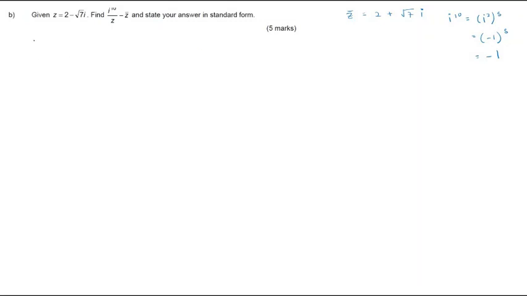Let's substitute. i power 10 over z: i power 10 is negative 1, so negative 1 over z, which is negative square root 7i, minus the conjugate of z, which is positive square root 7i.